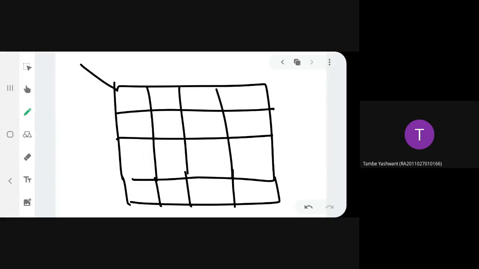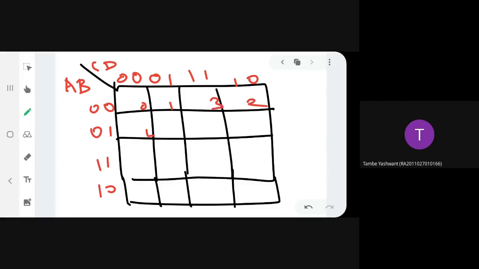You draw it. A, B, C, D. 0 0, 0 1, 1 1, 1 0, and the cells numbered 0, 1, 2, 3, 4, 5, 6, 7, 8, 9, 10, 11, 12, 13, 14, 15.